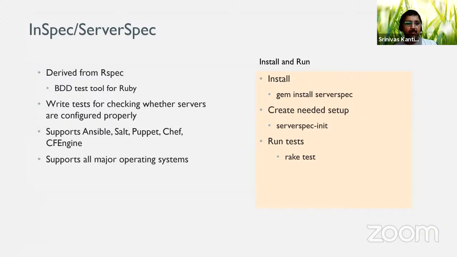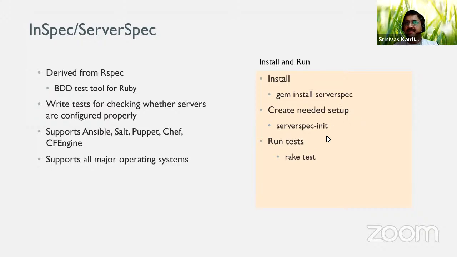ServerSpec supports all popular configuration management tools like Ansible, Puppet, Salt, everything. It needs Ruby. When you install Ruby, it installs RubyGems, which is the package manager, just like Yum or the Chocolatey that we use. And if you want to install, you just say yum install ServerSpec and it installs.